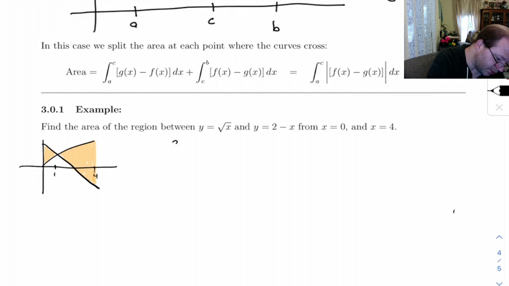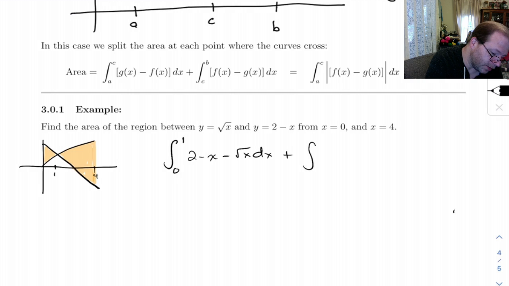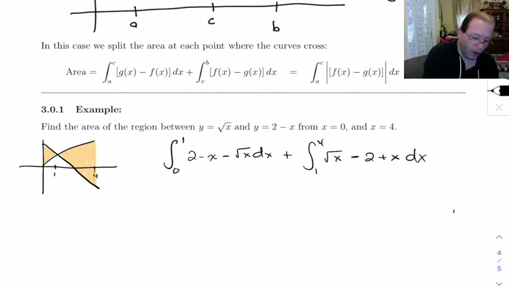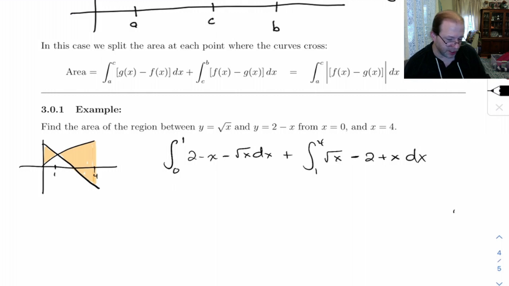So from 0 to 1, we've got the line minus the square root. And then from 1 to 4, we have the square root minus the line. Excuse me, I'm going ahead and distributing that negative across there.